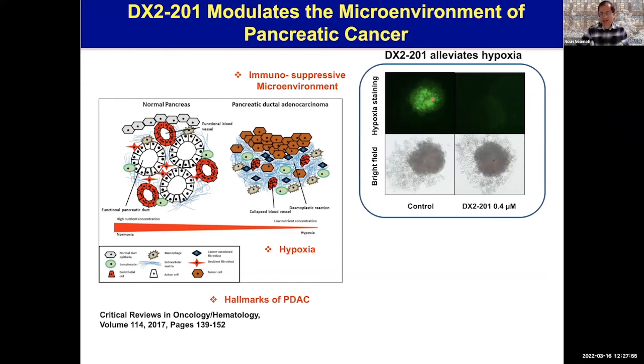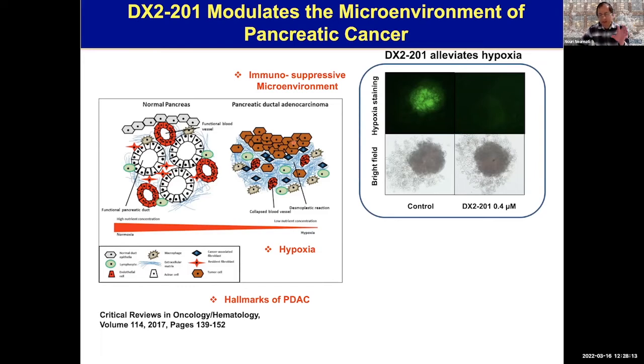You can see it very nicely. But when you add 0.4 micromolar of our drug, this hypoxia is gone. So it's no longer hypoxic. This is exactly what we want for a drug to treat pancreatic cancer because of this hypoxic microenvironment.